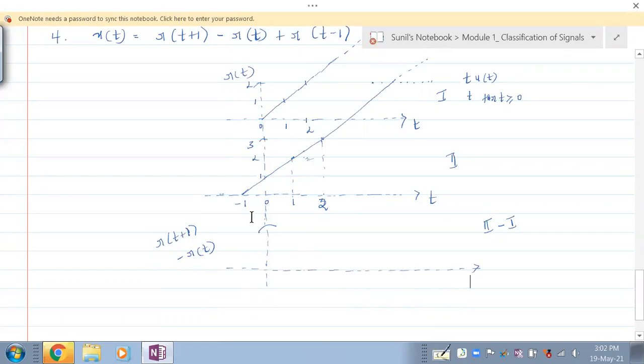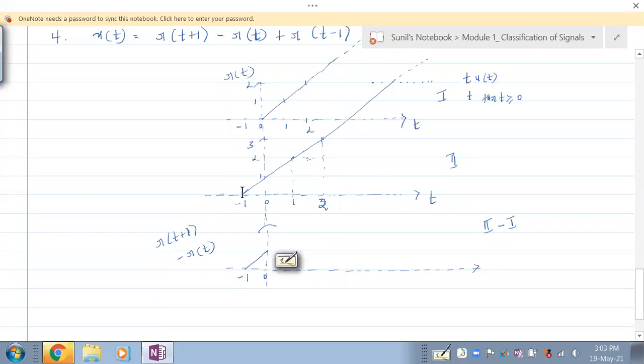Now what happens from -1 to 0, you have some signal, but from -1 to 0 you don't have any signal here. So it's quite simple. So this signal minus no signal would be the same signal. Okay, so you'll get the same signal from -1 to 0. Is this understood, everybody? We're doing the second signal minus the first signal.